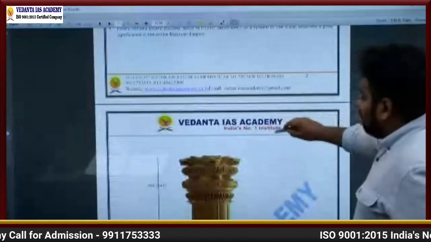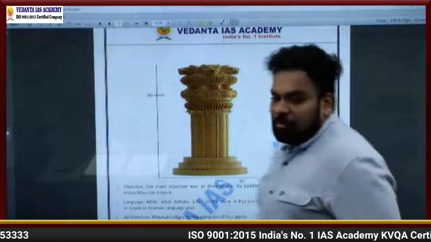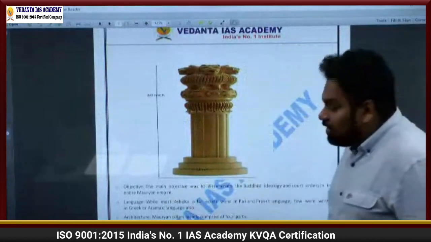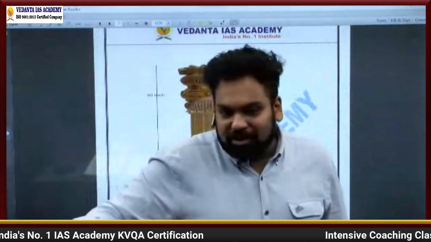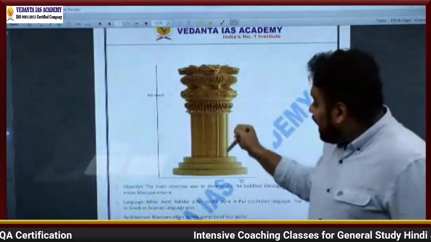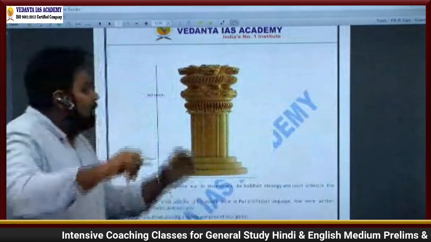Now we will discuss the various parts of the pillar, right? I already have this on my table, and when you people become officers, you will also have this on your table, right? So this Sarnath pillar, right? We should actually aim for this, right? So ये एक सबसे interesting part है.